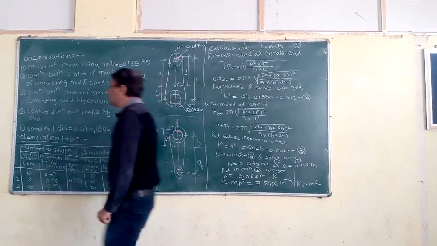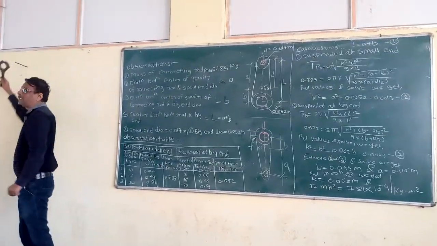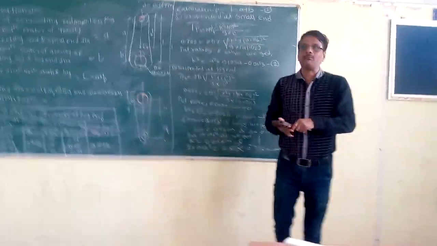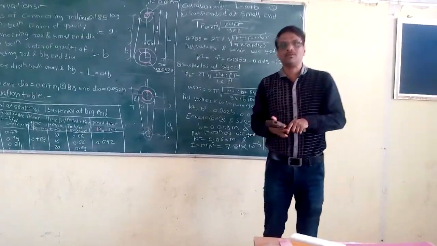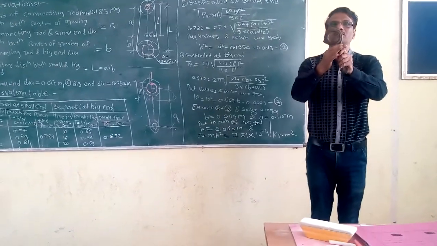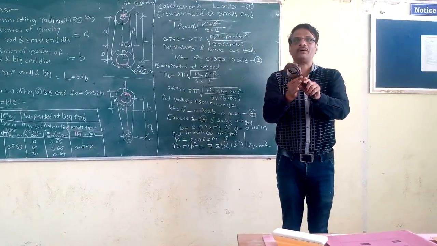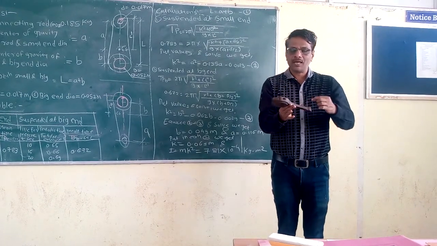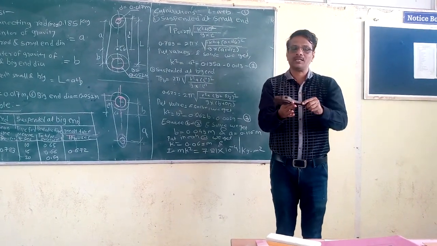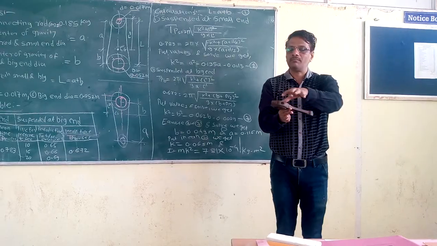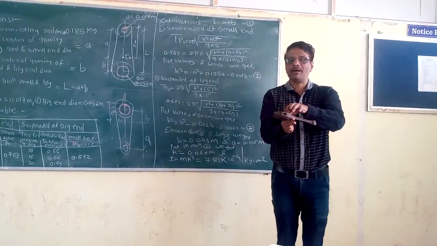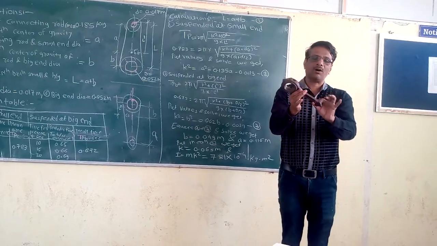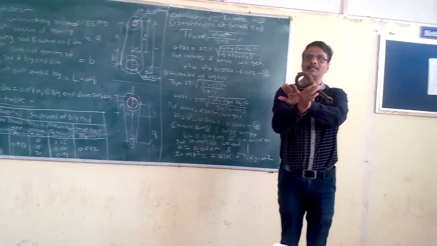If you consider this connecting rod, what is the center of gravity? It is a point at which the whole mass of the body is supposed to be concentrated. Now the CG is deviating towards the big end because the major mass is towards the big end. If you observe, this is the small end and this is the big end.